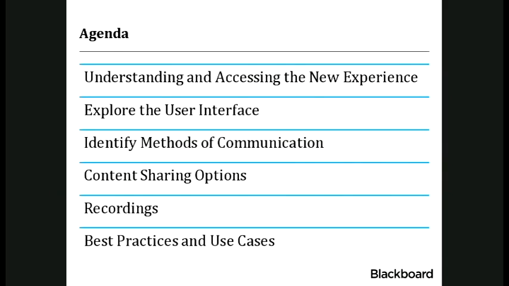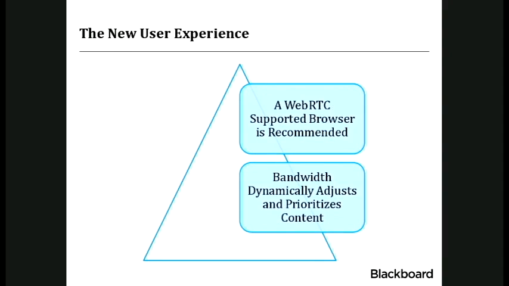Very good. All right. So what do we need to know about this new user experience? Collaborate Ultra is our new product, obviously. It is based on a technology called WebRTC. That means real-time communication. And the nice thing about WebRTC, compared to our previous version called Original Collaborate, is that we were relying on a technology called Java.